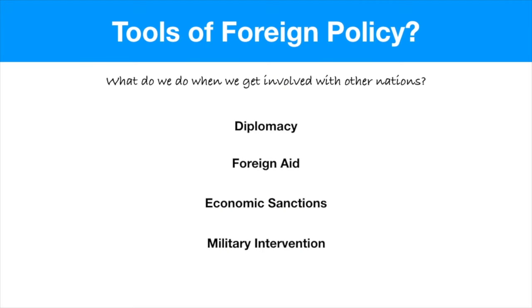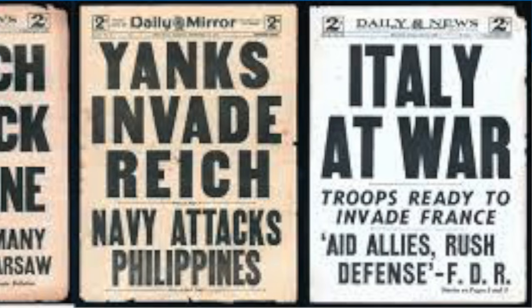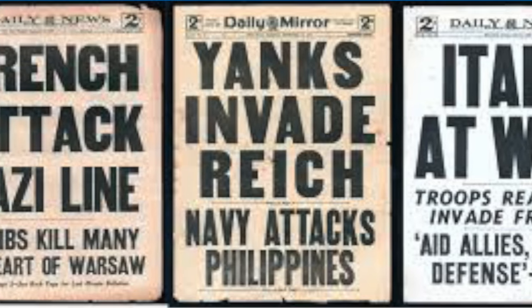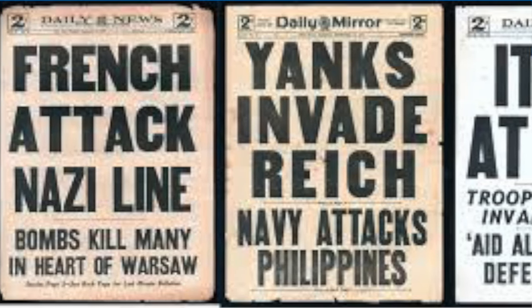Okay, finally, this is the one tool that most students already anticipated when we started this unit, military intervention, because this is what makes the headlines in the papers. This is what's exciting on TV and movies, when we see the U.S. use their very powerful military.